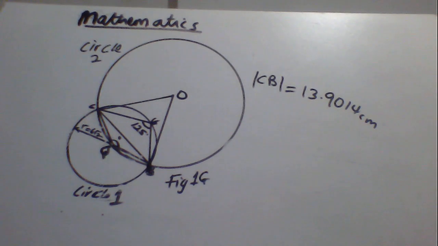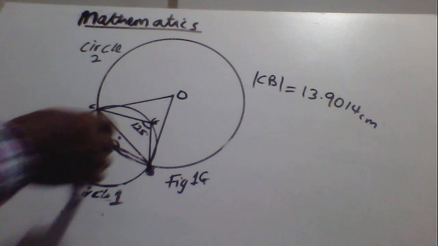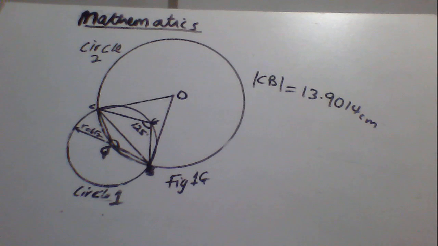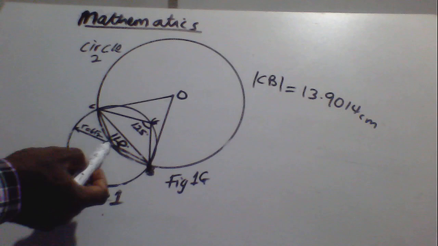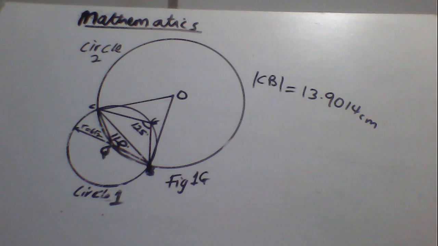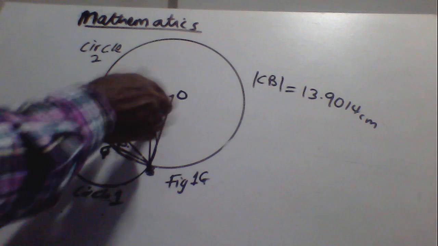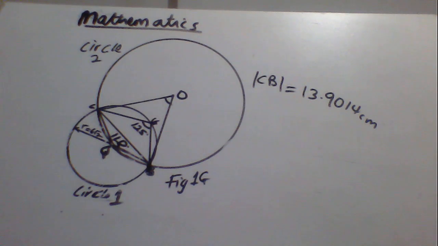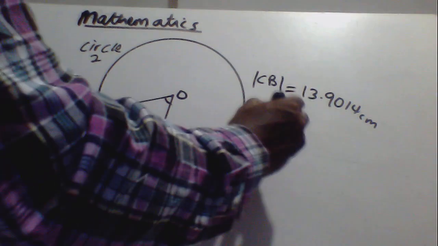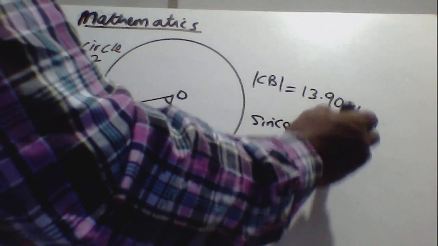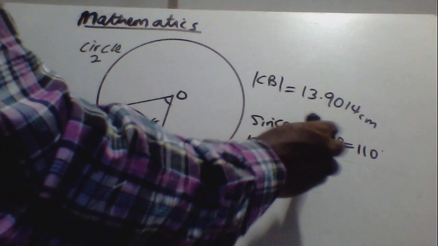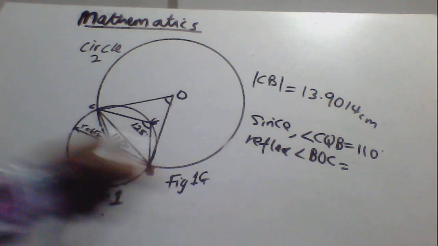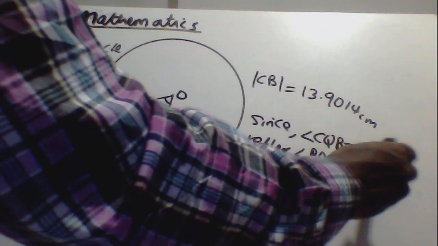Since we have gotten angle CQB, not the reflex, to be 110 degrees, as the reflex is 250, the next thing is to consider the angle at point O. Reflex angle BOC is equal to 2 multiplying angle CQB.